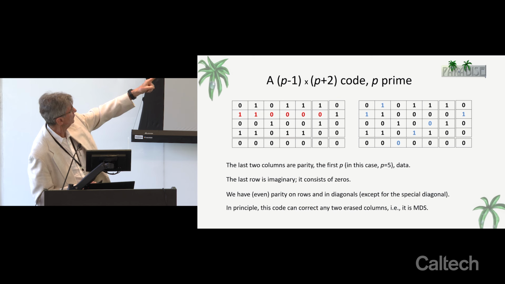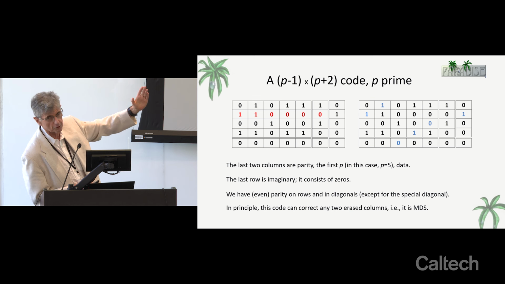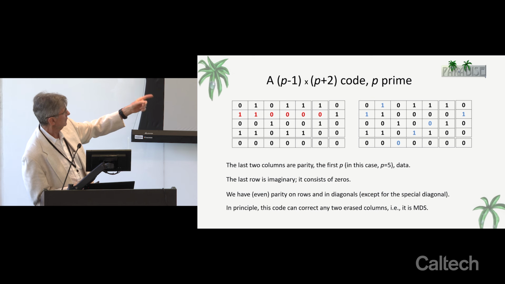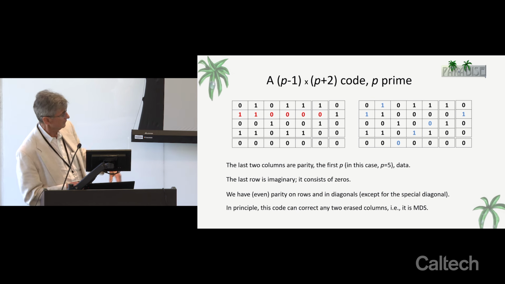The last row here is imaginary. It consists of zeros. I put the last row just so you can follow the direction of the diagonals, but the last row doesn't exist really. So we have even parity on rows and diagonals, and this code in principle can correct any 2 erased columns.